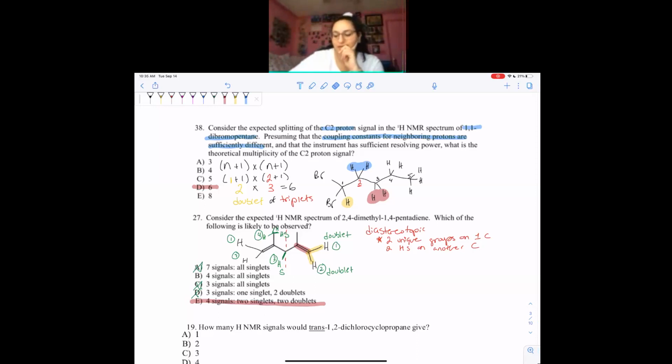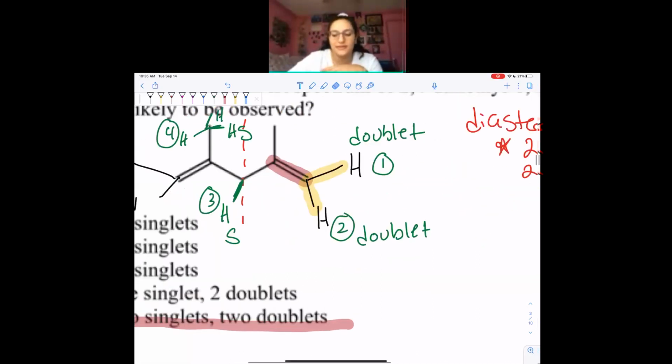Okay, so how are they doublets? Since they're two completely different signals, let's start with the one that I just made purple on top. We're going to count 1, 2, 3 bond lengths, no neighbors. 1, 2, 3 bond lengths, no neighbors. 1, 2 bond lengths, we reach a neighbor.